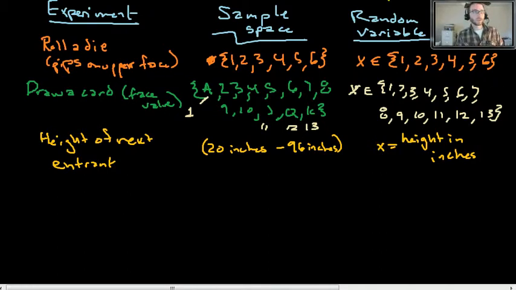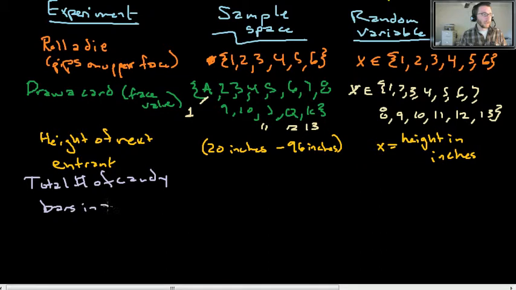Let's see what else. We've got a few more. Let's do a business application. Let's imagine that we have a candy bar factory. And so we want to look at the total number of candy bars in a given day.